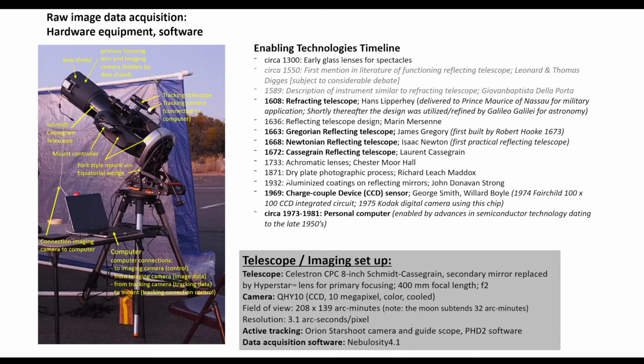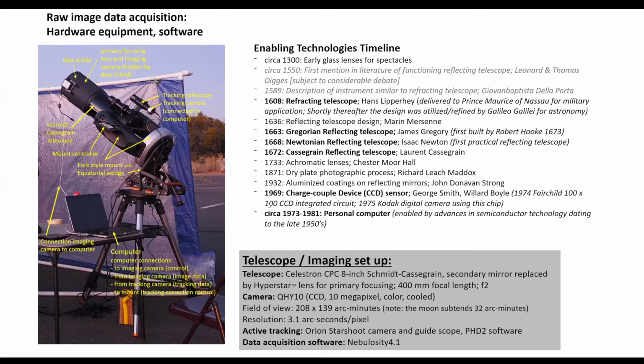So even with the dry plate process, folks between 1871 and up until the turn of the 21st century had to use the regular photographic process to do astrophotography, and that is truly a labor of love, certainly based on what we're used to today.